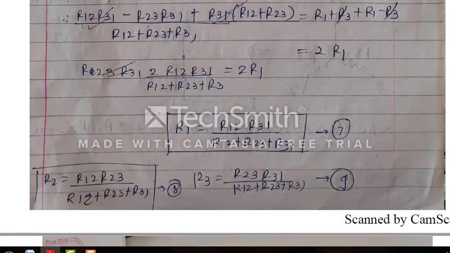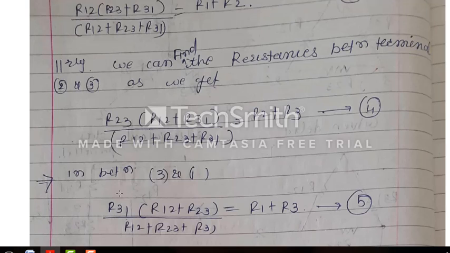Here you get R31 into (R12 plus R23) divided by R12 plus R23 plus R31, equal to R1 plus R3. So these are equation number 3, equation number 4, equation number 5.